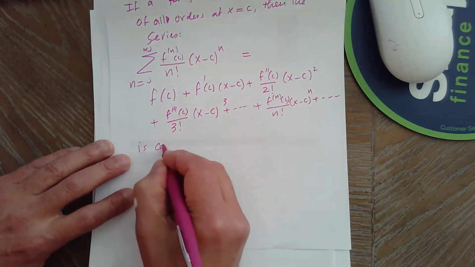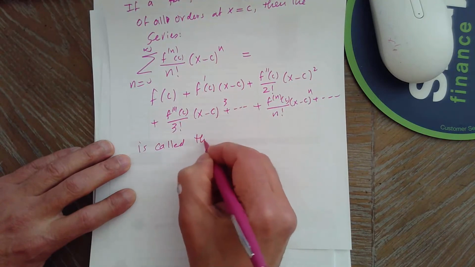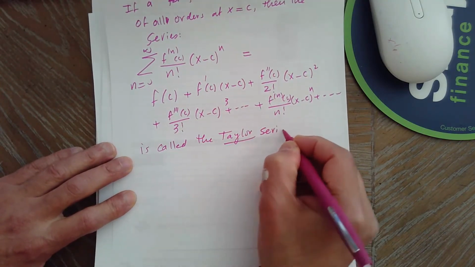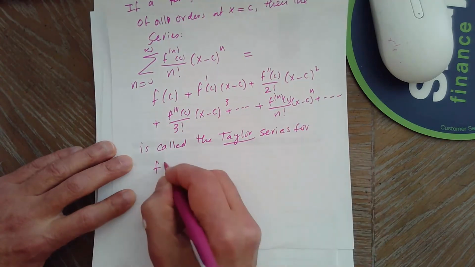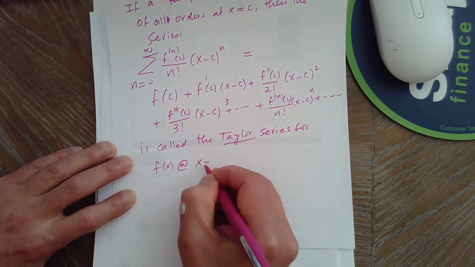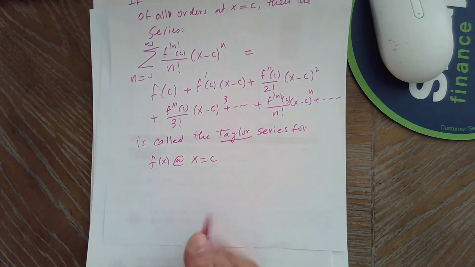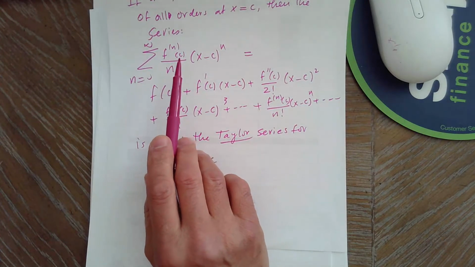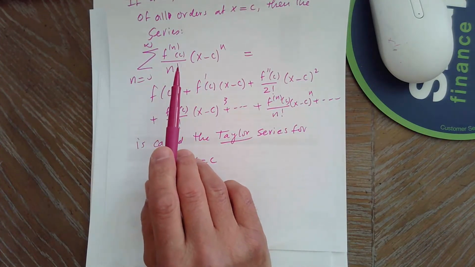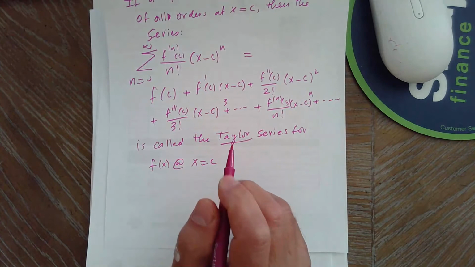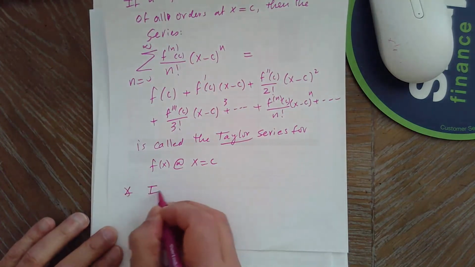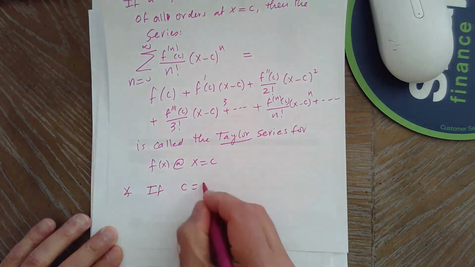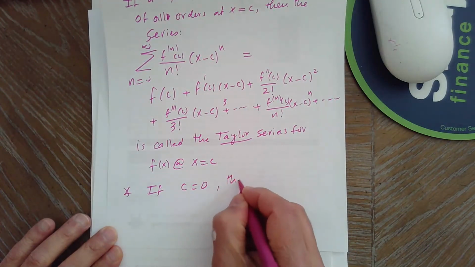It's a power series, it's called a Taylor series, the Taylor series for f of x at x equals c. So a power series whose coefficients are the derivatives of the function over n factorial is called a Taylor series. Now, if c equals 0, so if you're finding the Taylor series of f of x at x equals 0, then that series is called a Maclaurin series.